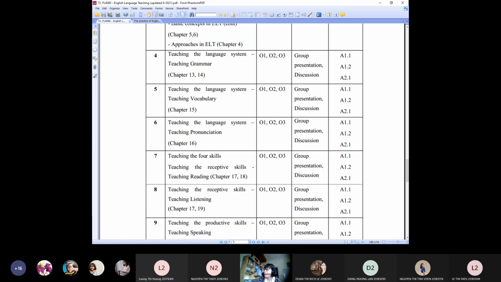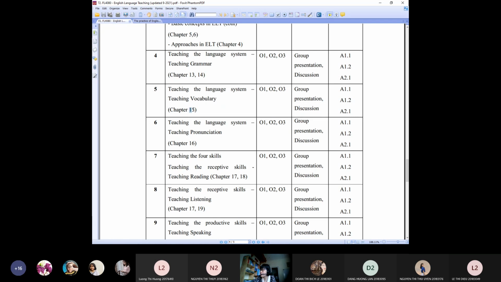I'm just kidding. Oh, well, what I'm telling you is that you need to take a look at the chapter number here to prepare for your presentation. For example, if I give you a topic related to teaching vocabulary, then when you prepare for the presentation, first of all, you need to read chapter number what?